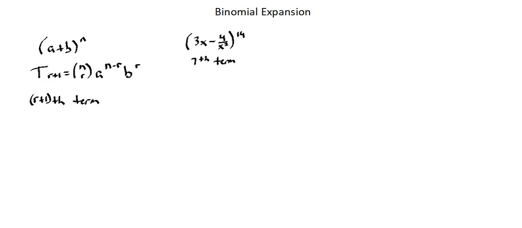We can observe that a is 3x, b is negative 4 over x squared, and n is 14. Now we're looking for the 7th term, which means that r plus 1 equals 7. Therefore r is 7 minus 1, or 6.